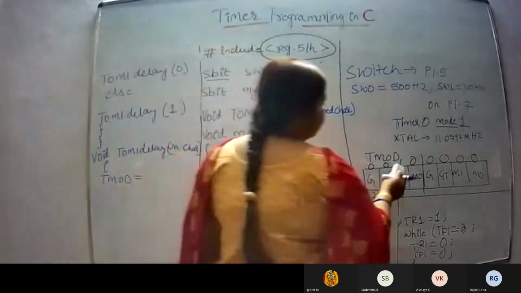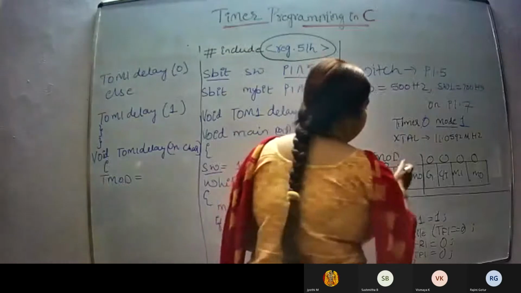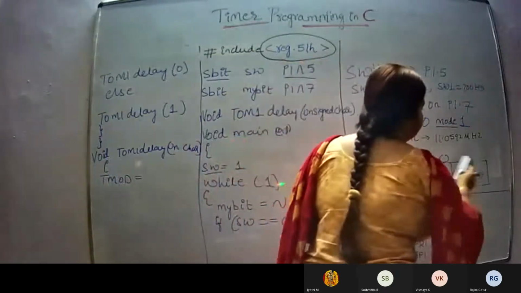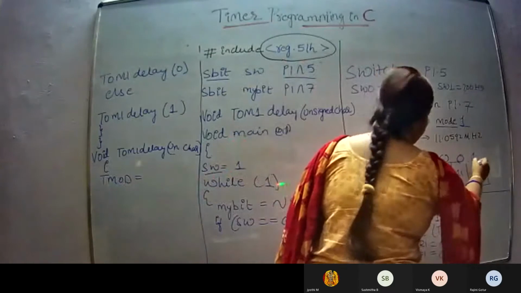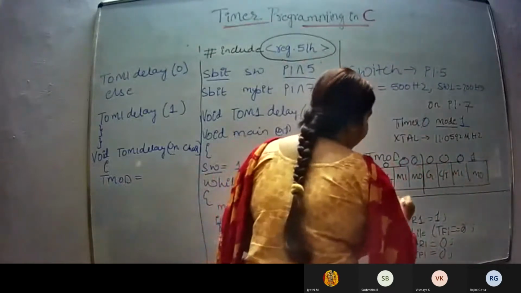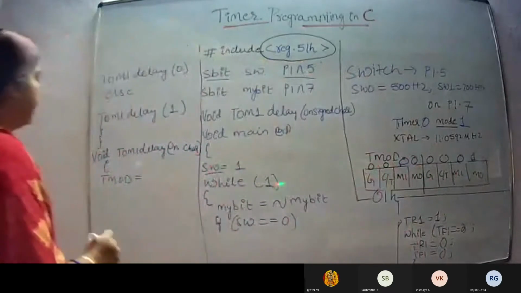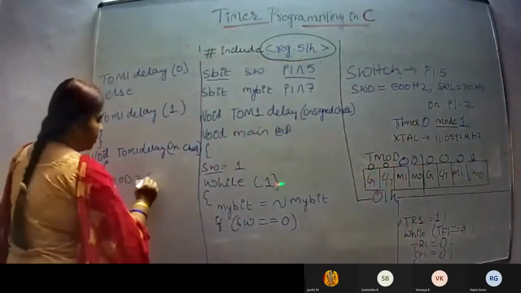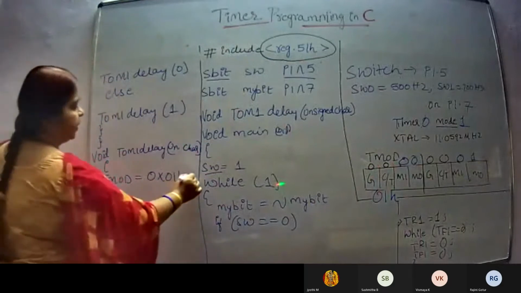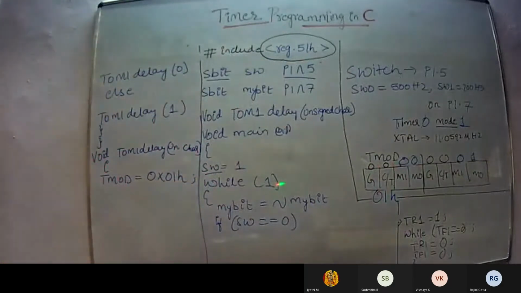Timer 0 is 0 0, mode 1 means it is 0 1. So we have to load 01H. In TMOD, 0x01 is what should be loaded in the TMOD register.